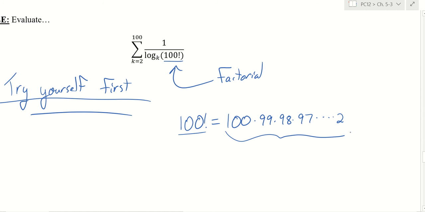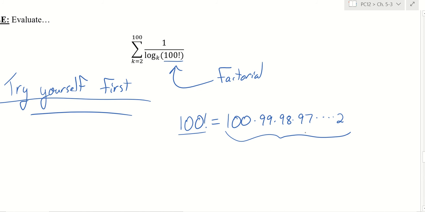So this is 100 factorial, and it's actually an enormous number. If you think about it, even if you try rattling off out loud what this operation would entail, it would take you a while to count down from 100, first of all. 100 times 99 times 98 times 97 times 96 times 95 times 94 and so on.